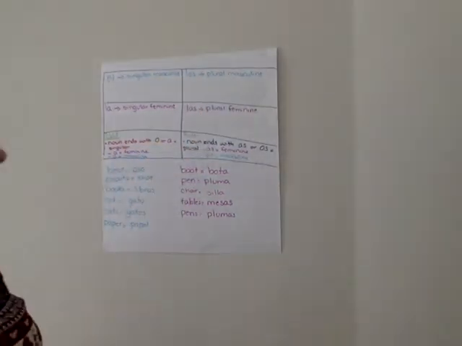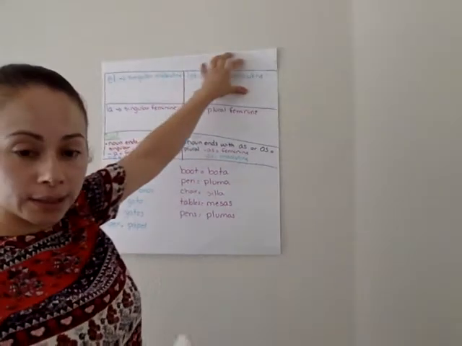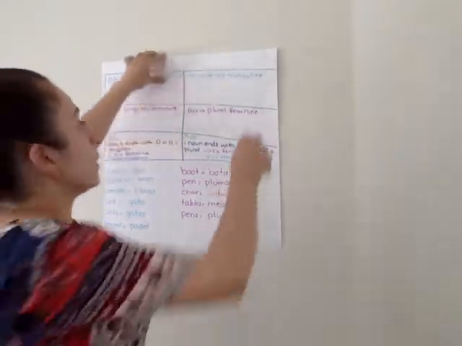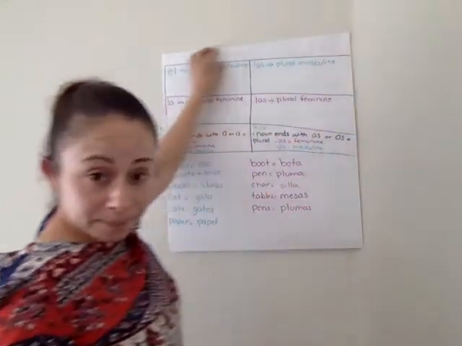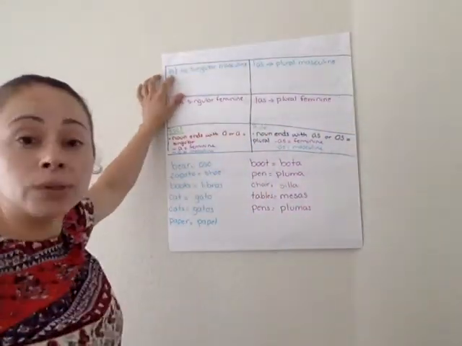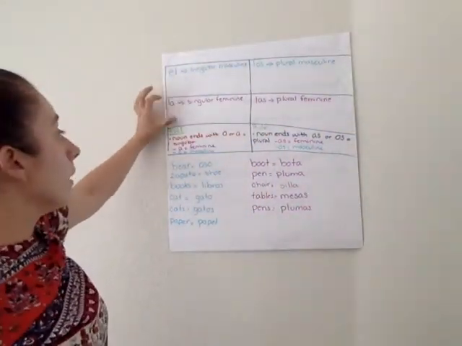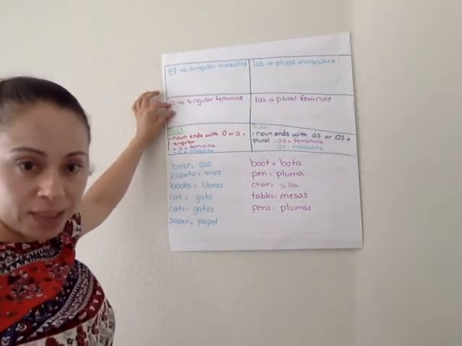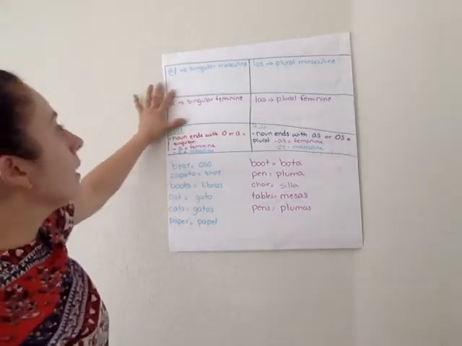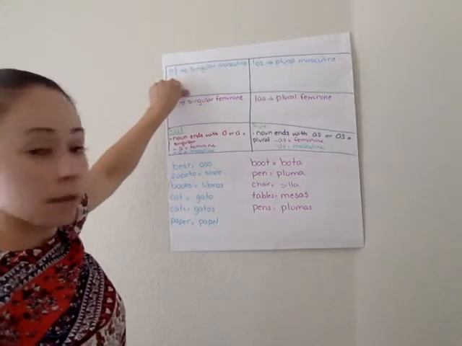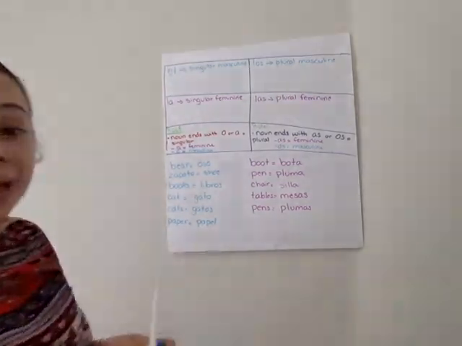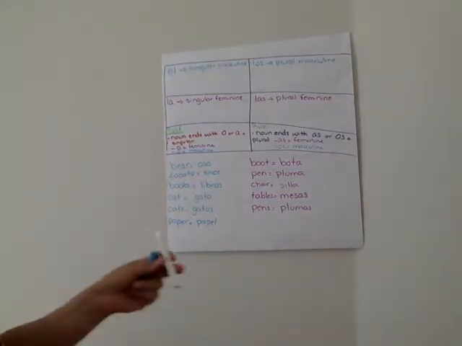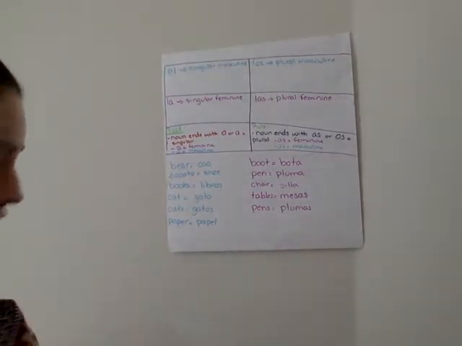Now, I decided to color code them so you can see better which ones are masculine and which ones are feminine. So blue is masculine and purplish pinkish is feminine. Okay? Now, el means the, but it's singular masculine in Spanish. Okay?